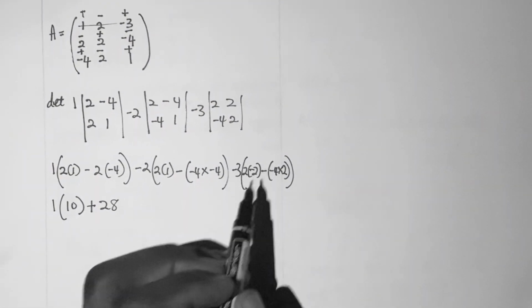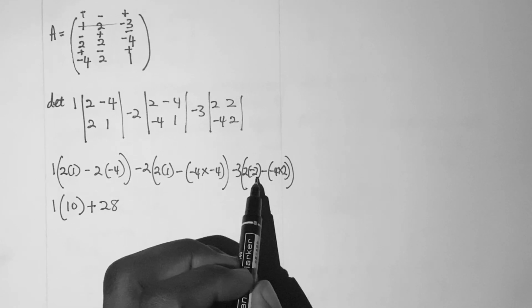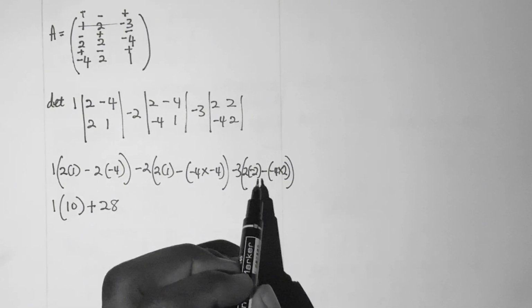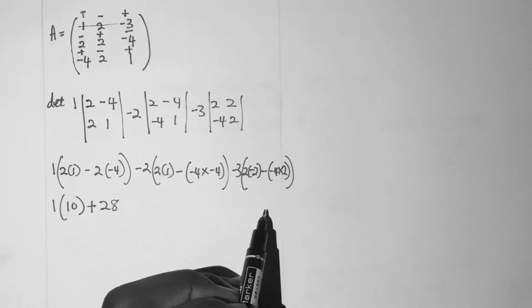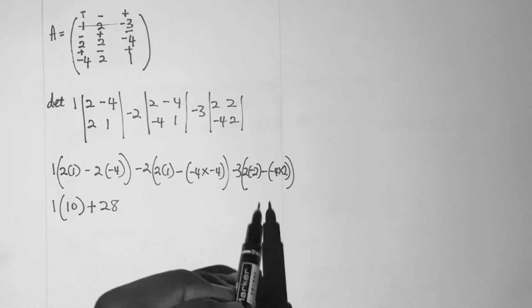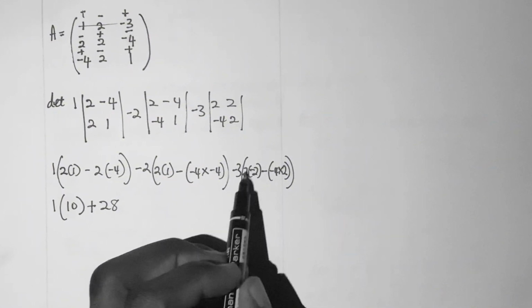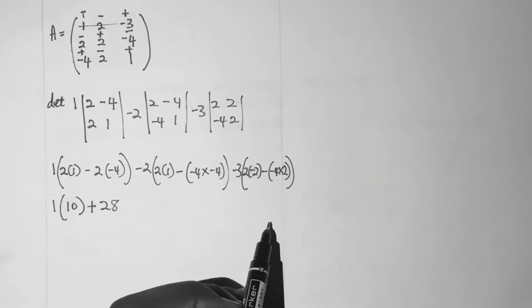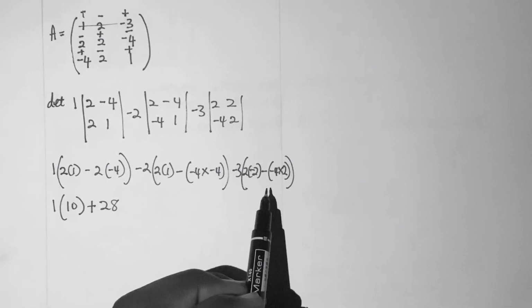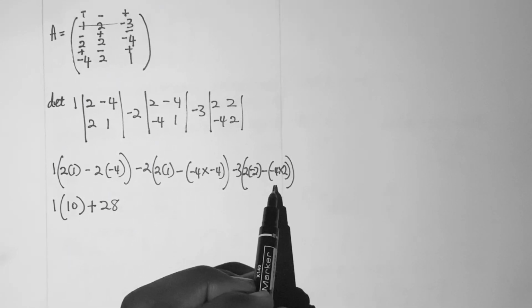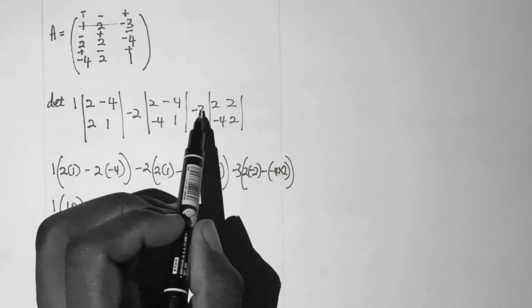And then if we come to this side, here is 2 times minus 2, which is minus 4. Then minus 4 times 2 is minus 8. Sorry, I made a mistake here.